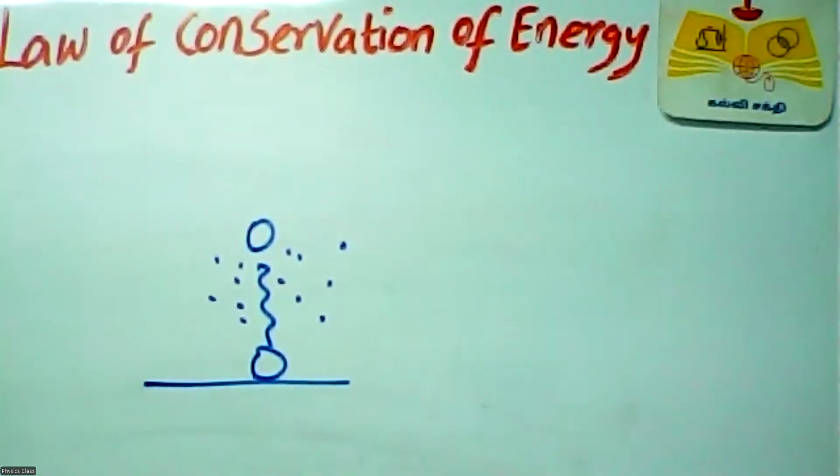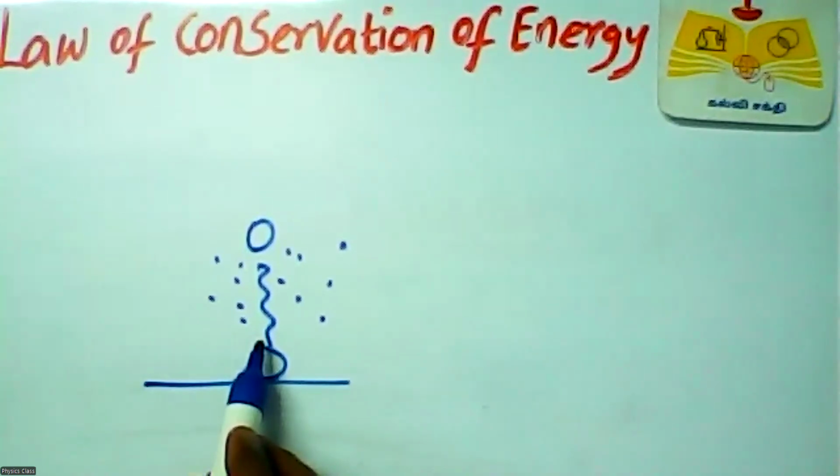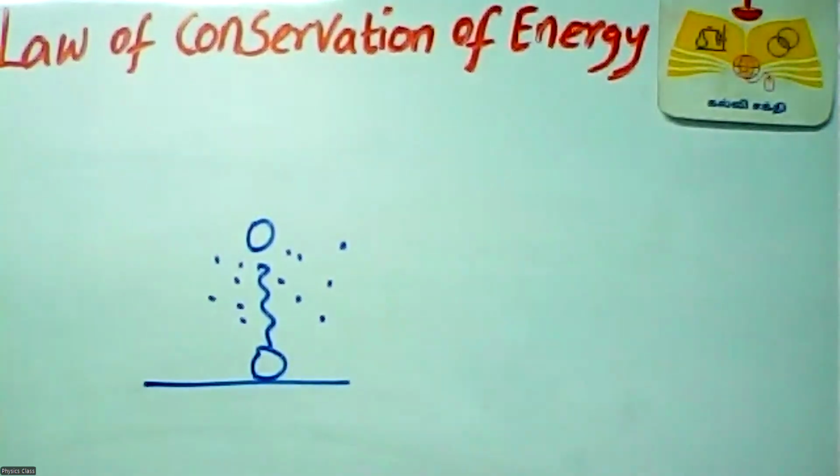So maybe it would not have as much kinetic energy when it gets down here, because it is acted on by some additional restriction, that is air friction. Think about it.